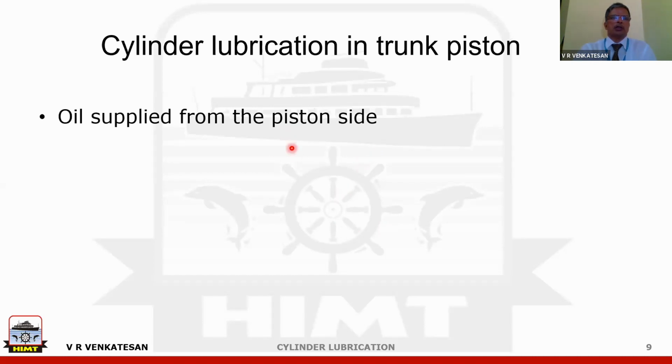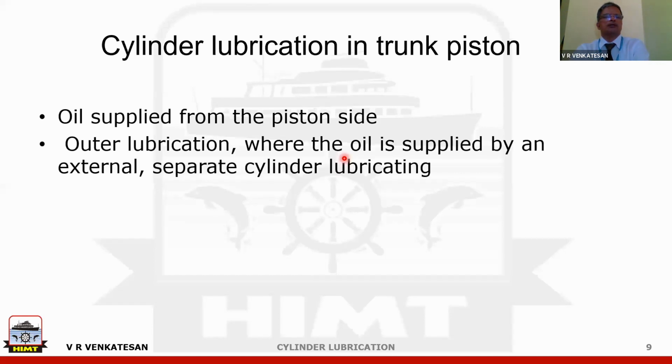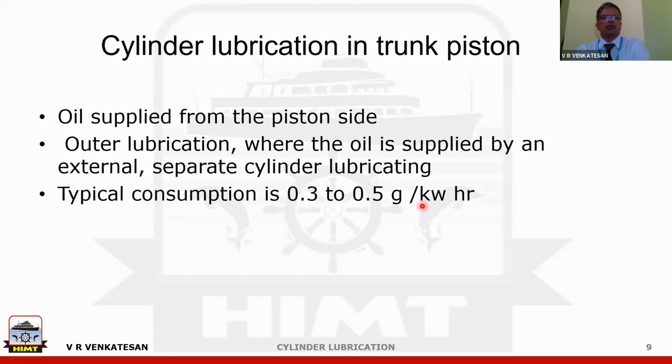Apart from the gudgeon pin, it is also going to the piston. The lowermost piston ring goes to that side. Those designs are also coming up. There are also designs which come from outside, similar to the faucet lubrication, through an external separate cylinder lubrication system. But only a few engines have come out with this.